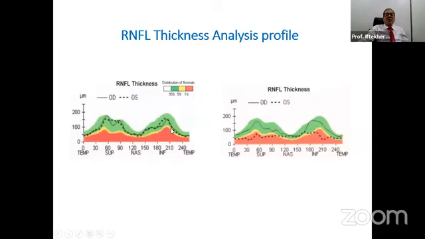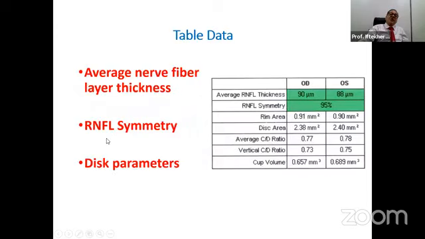This is the normal double hump pattern overlapping with each other, and here the left patient data indicates the loss of nerve fiber there. This is the tabulation data: the average thickness of the nerve fiber layer and the asymmetry of the two eyes. Here it is expressed by numerical value, or also by background color indicating comparison with normal data.